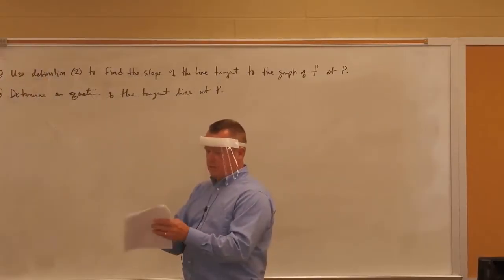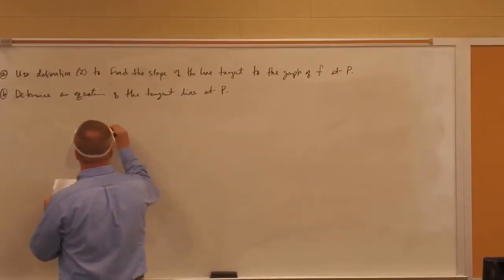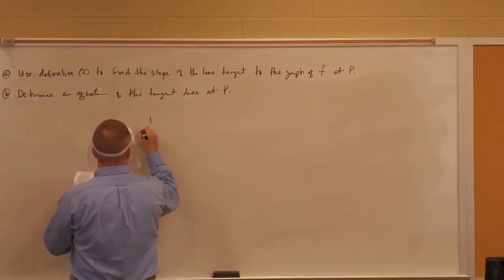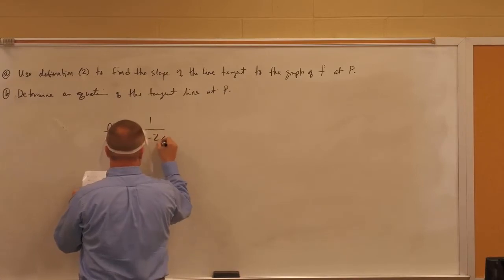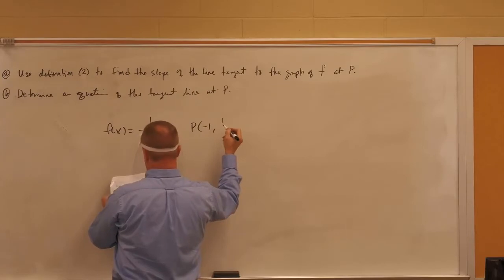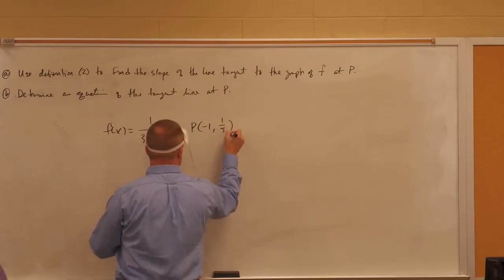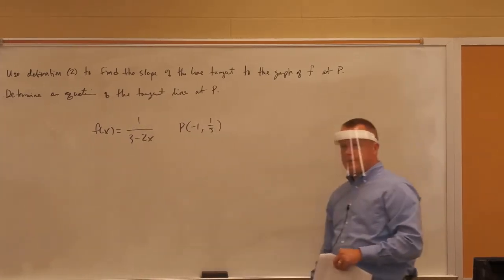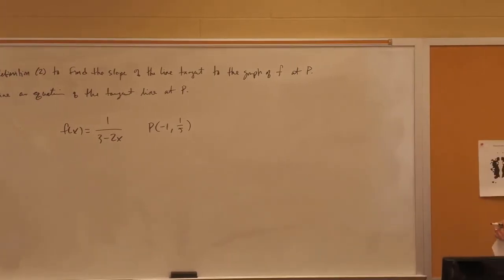All right, let's do this one. F of x equals 1 over 3 minus 2x, at x equals negative 1, the point with y-value 1 over 5. We'll do a quadratic one in just a minute.